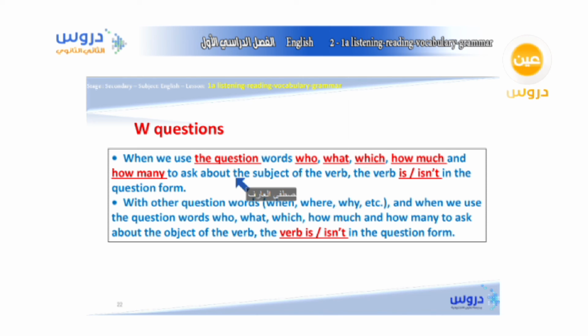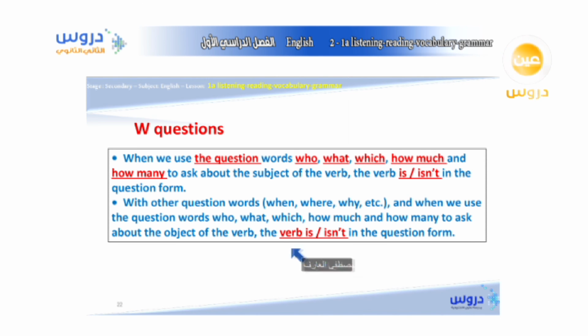Like here, when we use the question words, or the WHs, who, what, which, how much, and how many, to ask about the subject of the verb, the verb is or isn't in the question form. So with other question words, which are when, where, why, etc., and when we use the question words who, what, which, how much, and how many, to ask about the object of the verb. So verb is or verb isn't.